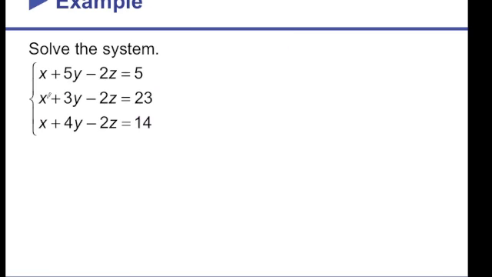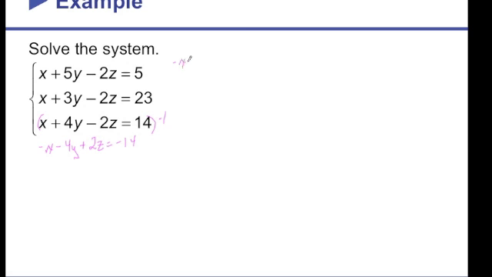Let's start this one. I notice that we have single x's again, so I'm going to start by multiplying the bottom equation by -1. So negative x minus 4y plus 2z equals -14.